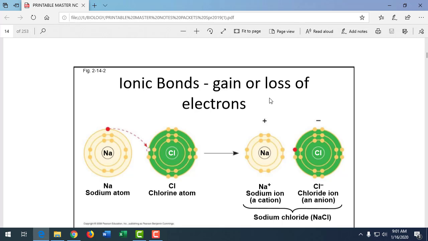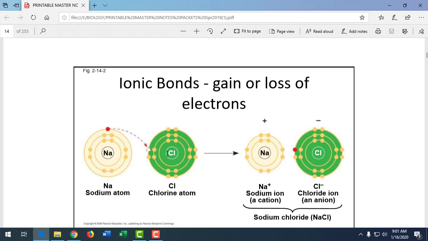So it has 2 in the first energy level, which is full, right? There's only 2 here. It has 8 in the second energy level, and it has 1 in the third. It's not stable with only 1. So if it gives up that electron, just completely ditches it and gives it to chlorine, that third energy level goes away, and the second energy level is full with 8, right? Would everybody agree with that?